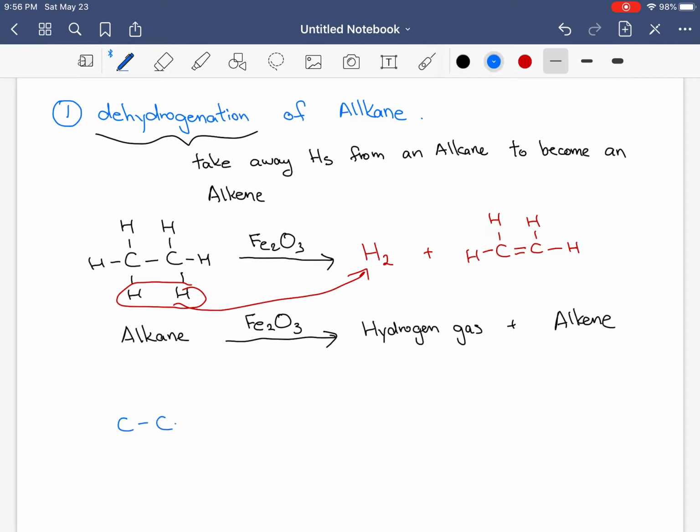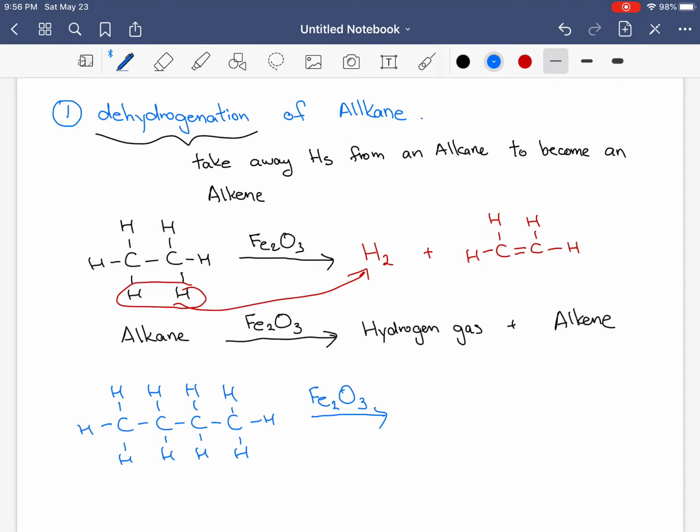So if I have this guy, notice I'm drawing a lot of structural formulas right now because structural formula is probably the way to go if we're illustrating reactions. Later on, once I know you guys are getting more comfortable with this, I'm going back to condensed formula.